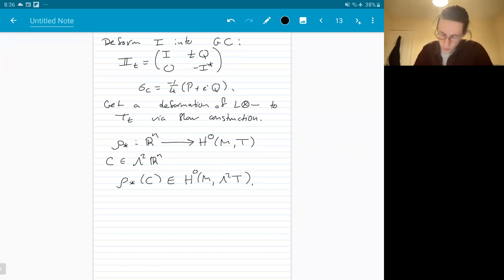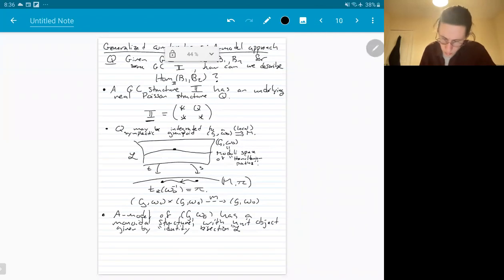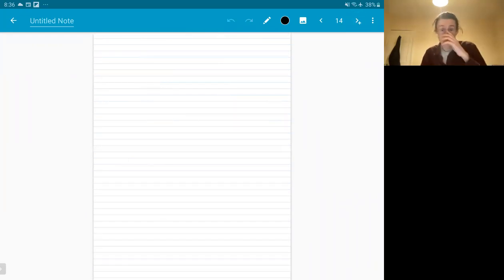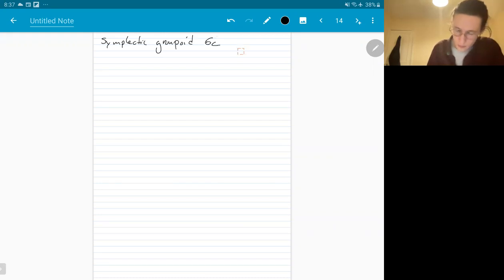Okay, so let's go through the prescription for what I was just describing. So first, we got the GC structure. What about this symplectic groupoid? Thanks to some work of Weinstein and Ping-Shu, the symplectic groupoid of sigma C is very simple to describe.